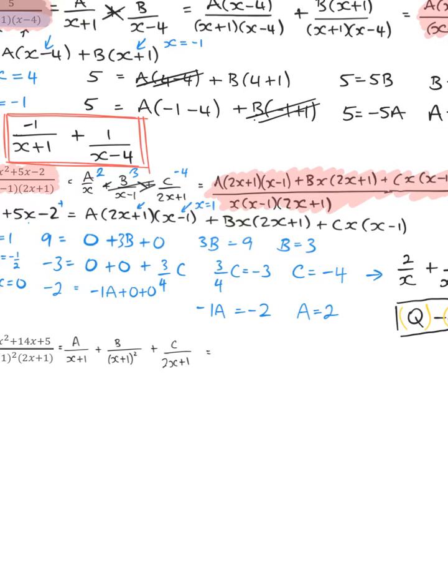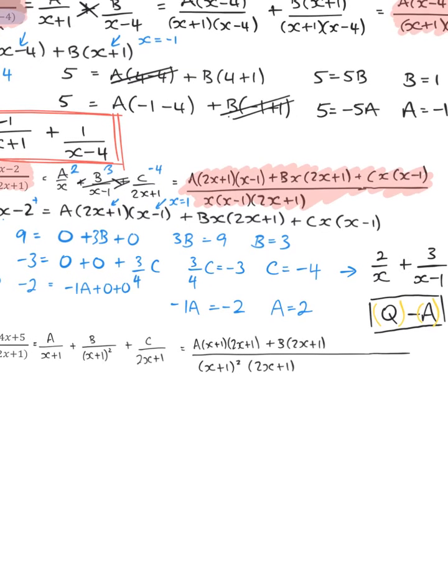So a needs to be multiplied by x plus 1 to get an extra 1, and 2x plus 1, and this is all going to be over x plus 1 squared 2x plus 1. Okay, now b only needs to be multiplied by 2x plus 1 because it's already over x plus 1 squared, and c needs to be multiplied by x plus 1 squared.